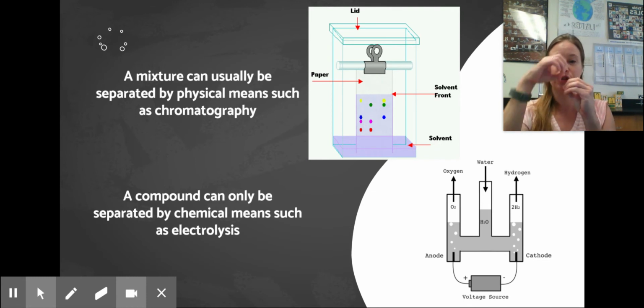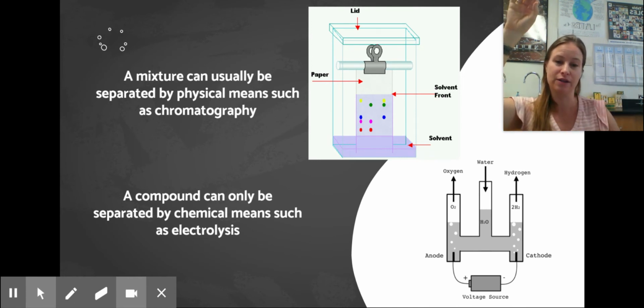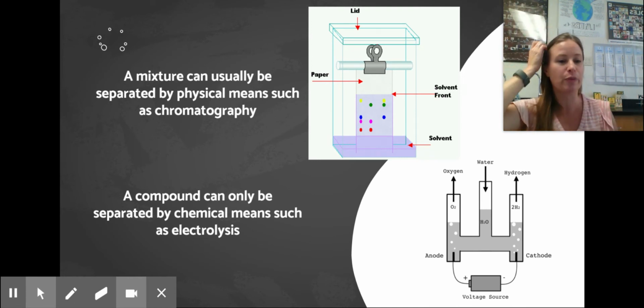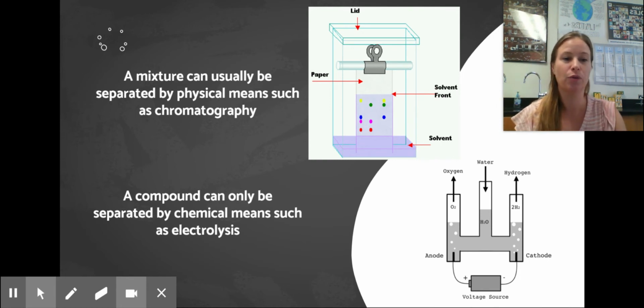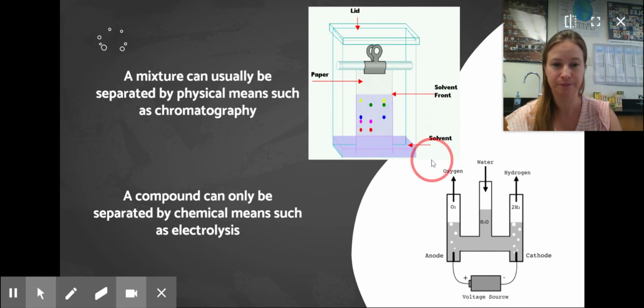So the red with the two white, the electricity is going to be able to remove the hydrogens, and they will bubble away, and the oxygens will also bubble away. So you're breaking the water down, you're breaking the bonds, taking that compound, separating it. You can only do that by chemical means.